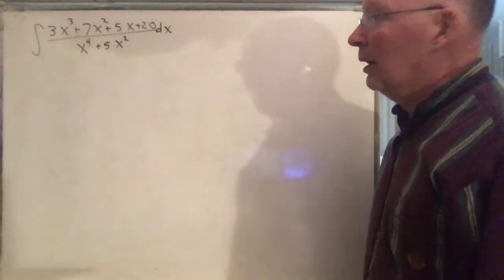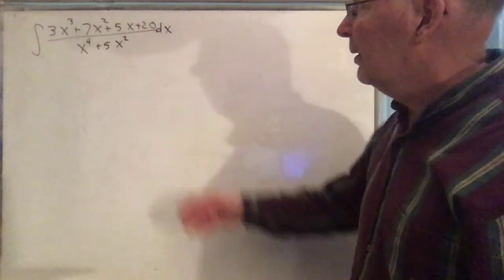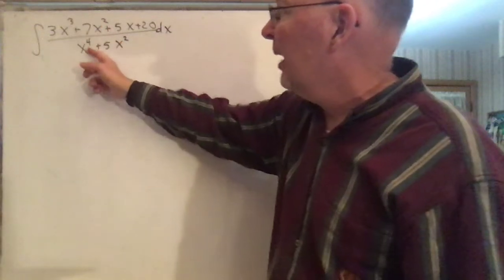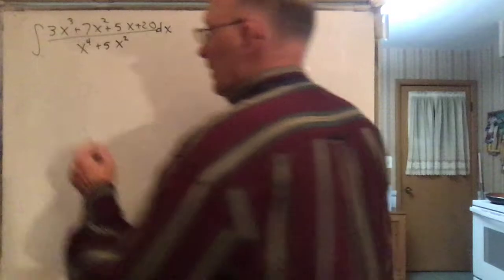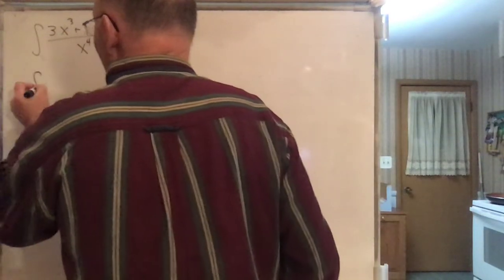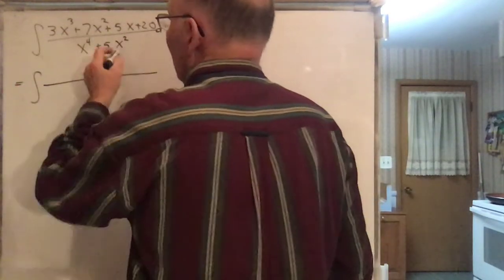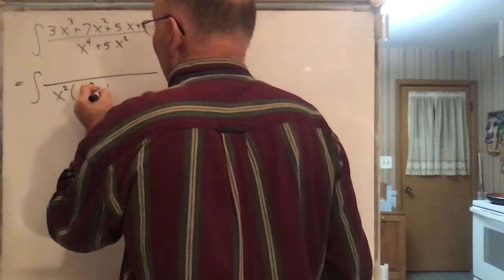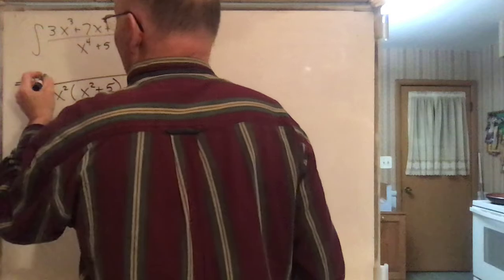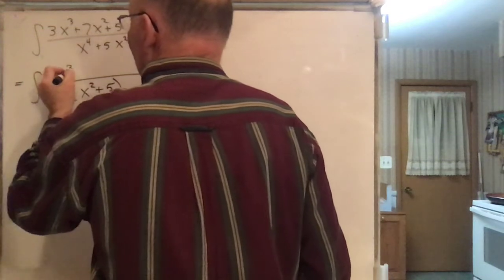So, let's go through the steps. First step, the degree of the top is 3, degree of the bottom is 4, so we don't have to do any dividing. Second step, we factor the bottom as much as possible. Notice that I can factor an x squared out, and I'm left with x squared plus 5 here. And so I still have this up on top.